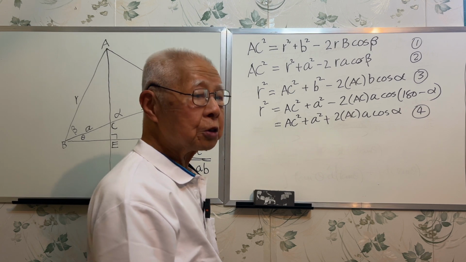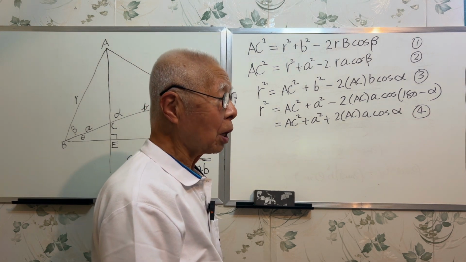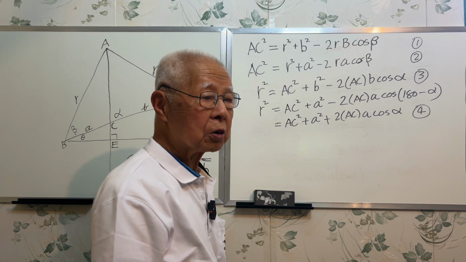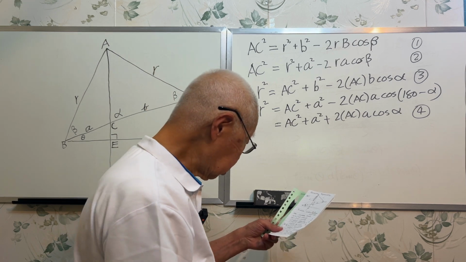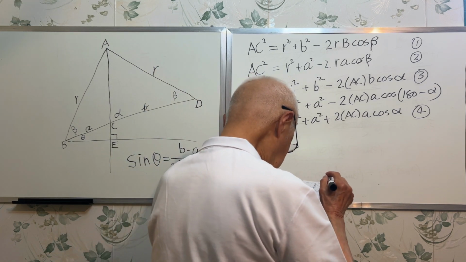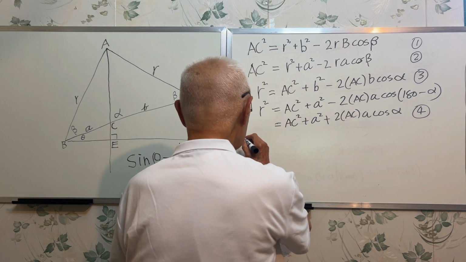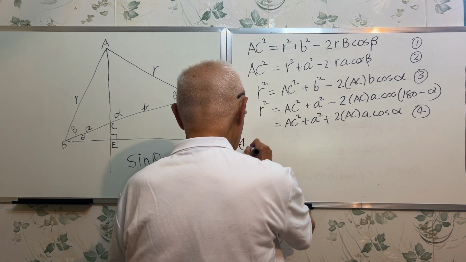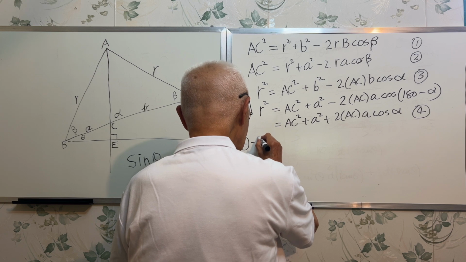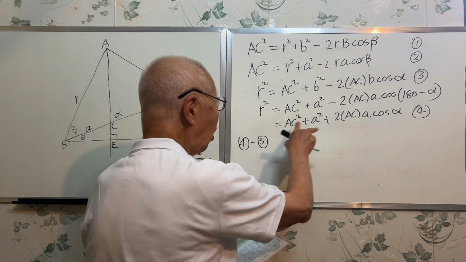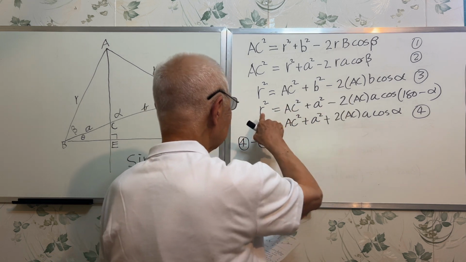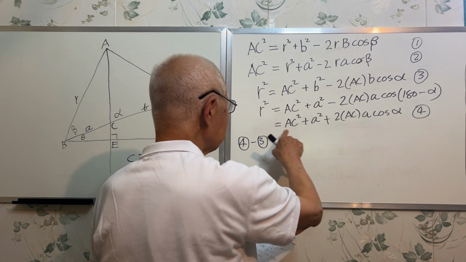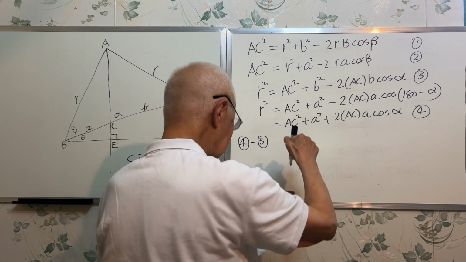Let's cancel something by doing some addition or subtraction. Let's do equation 4 minus equation 3. So r squared cancels. AC squared cancels.